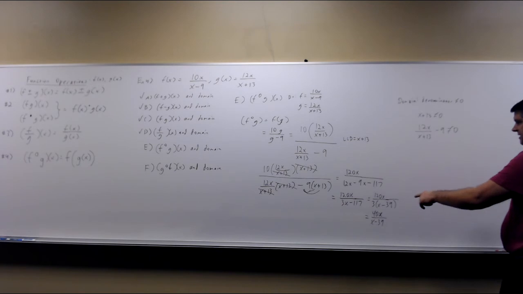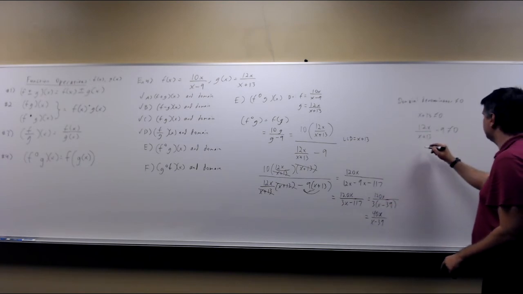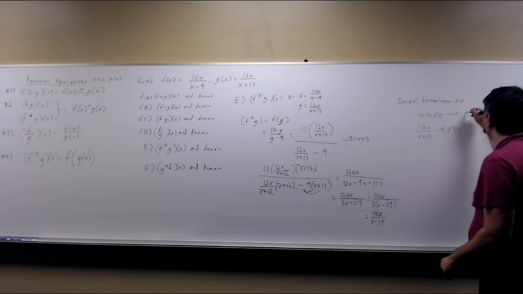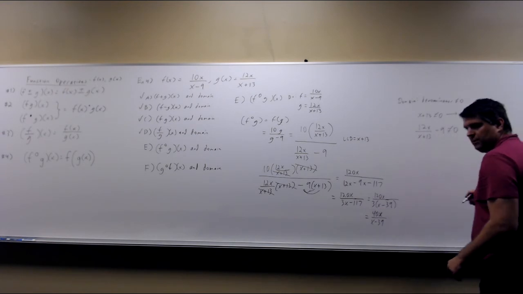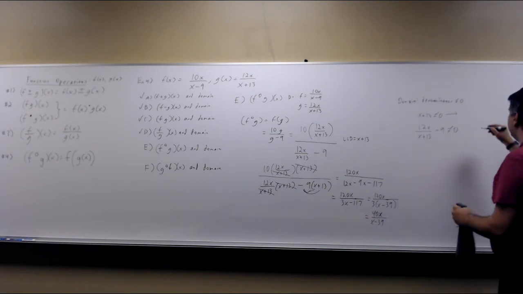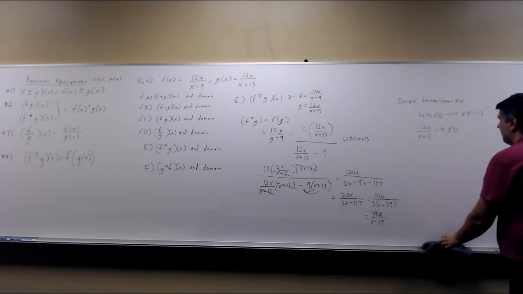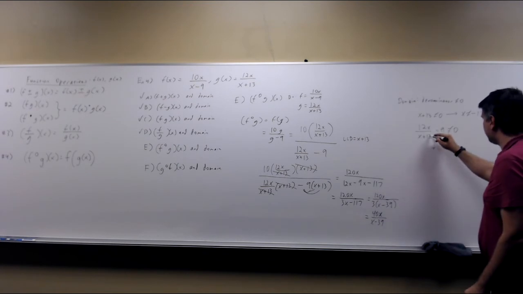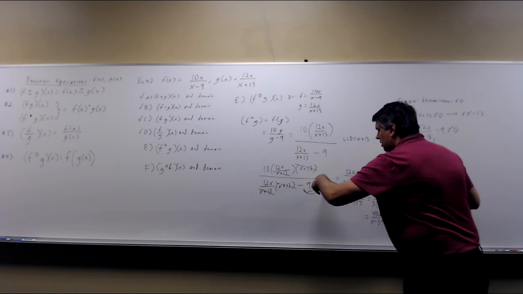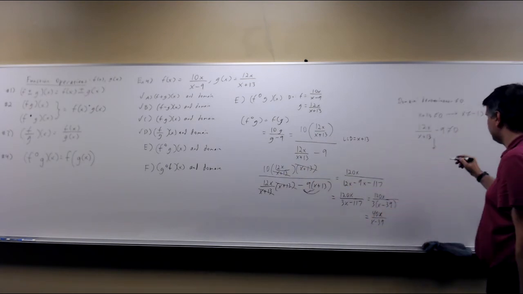All right, but that's simplified as, well, we already had the discussion about this one. This means that x cannot equal negative 13. But this expression cleaned up as that.